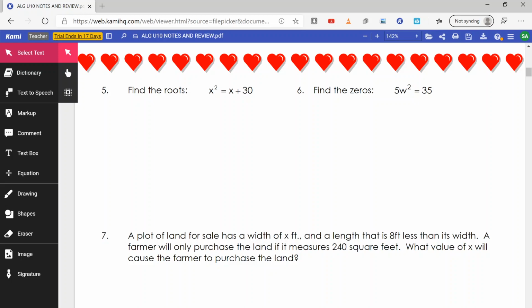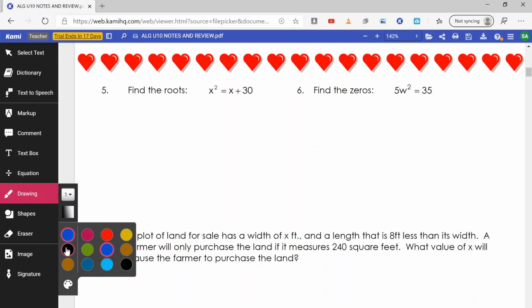Now the thing is, we like x squared to be positive. So if x squared is positive, that means I move the other stuff. If x squared was negative, I would move it in order to make it positive. So here we have a positive x squared, so I'm going to leave it there. What I'm actually going to do is move the other guys. So x, I'm going to move by subtracting an x, and a positive 30, I can subtract 30 in order to move it to the other side.